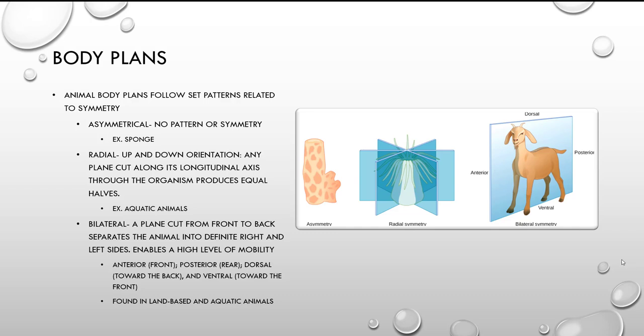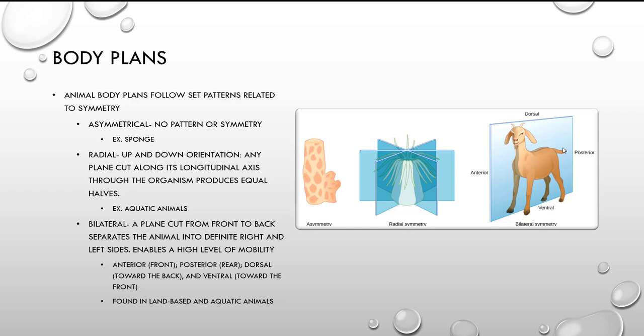Okay. Dorsal would be towards the back of the animal, and ventral would be towards the front. When we're talking about a human being, your dorsal would be your back and your ventral would be your chest front area. But on a goat, we're thinking of the back of the goat versus the belly of the goat. So the ventral portion would be the belly, and the dorsal portion would be the back.